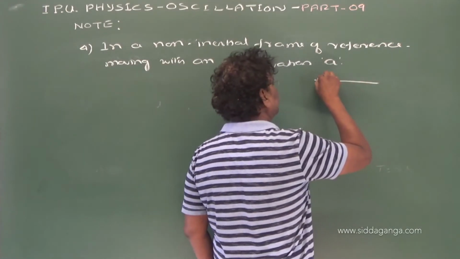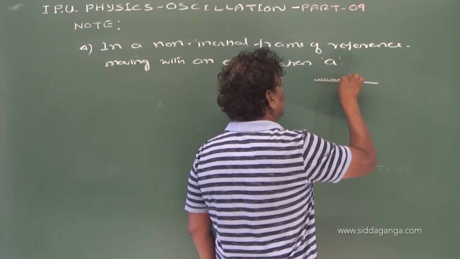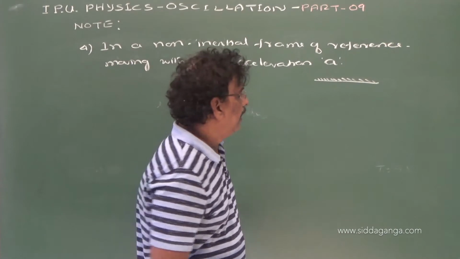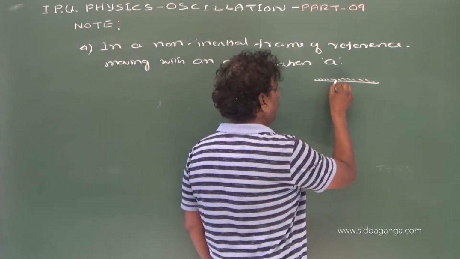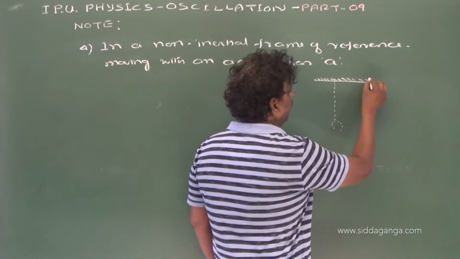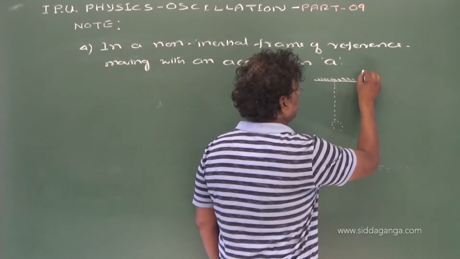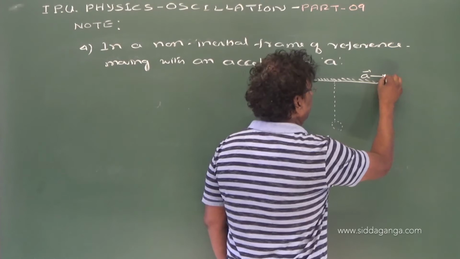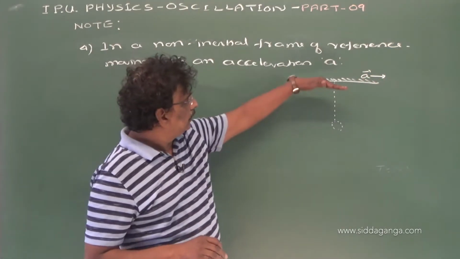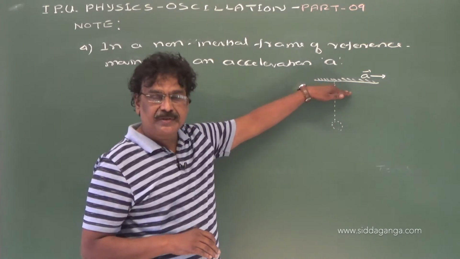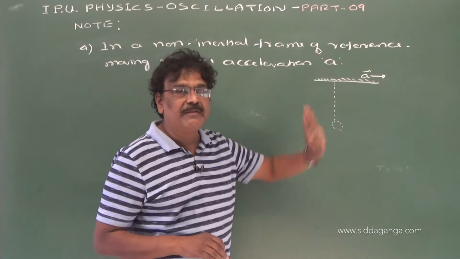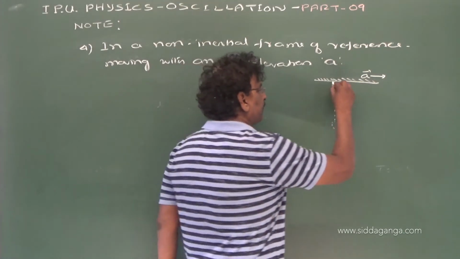Now here let us take, this is the rigid support through which, right, the pendulum is suspended. Now this top or the plane to which the simple pendulum is suspended is moving with an acceleration a.